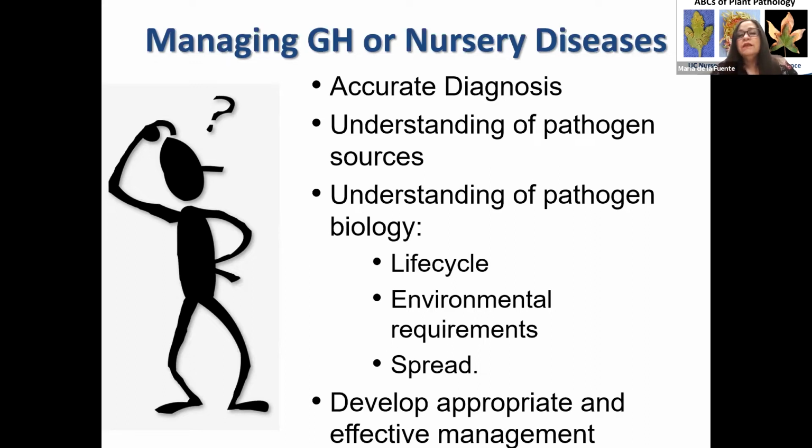Do not always try to resort to chemical management, because sometimes it's a lot more expensive and also sometimes deleterious to your workers, or it's problematic to find that the label is associated with such a crop that you're having.